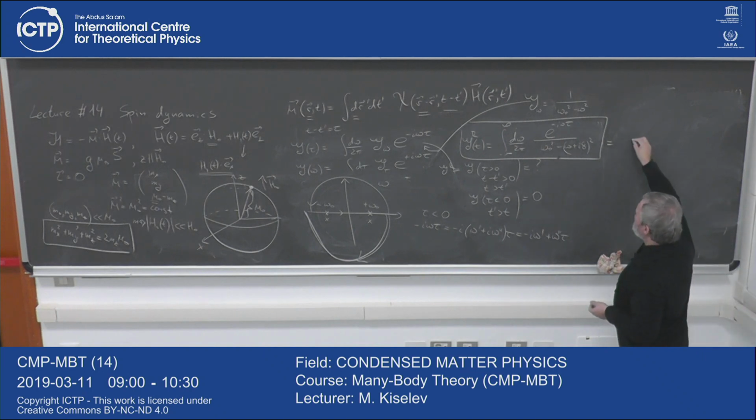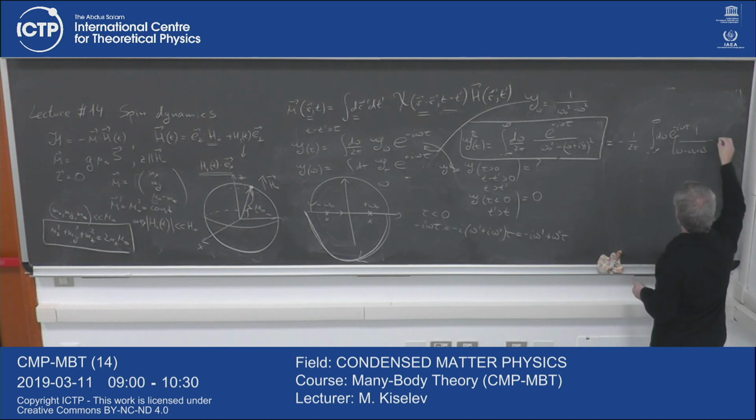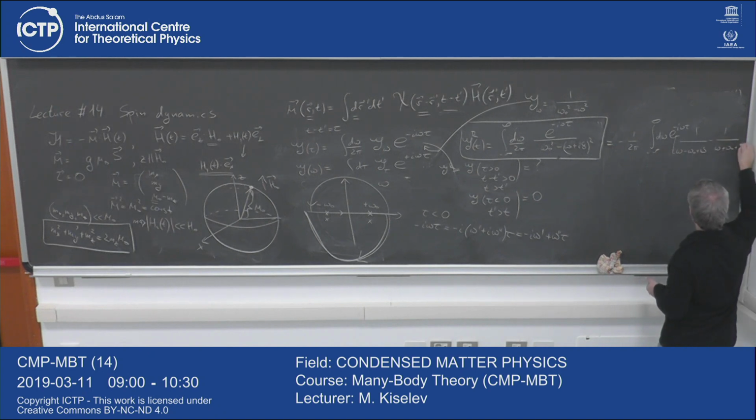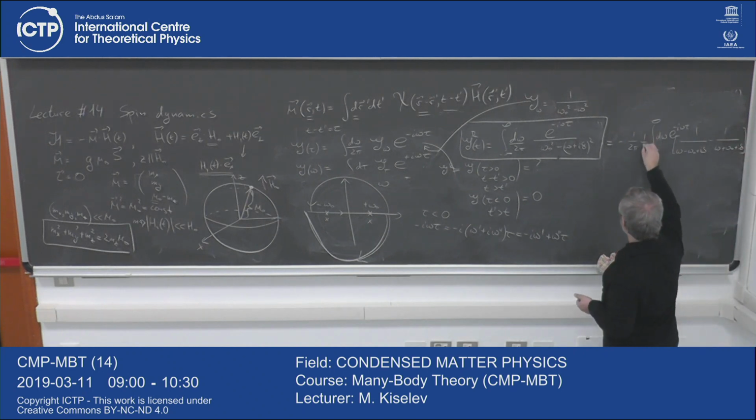I will write it as 1 over 2 pi, then the integral over d omega e to the power minus i omega tau, from minus infinity to infinity. I will write minus, and this is 1 over omega minus omega naught plus i delta, minus 1 over omega plus omega naught plus i delta, and I still need to divide by 2 omega naught.